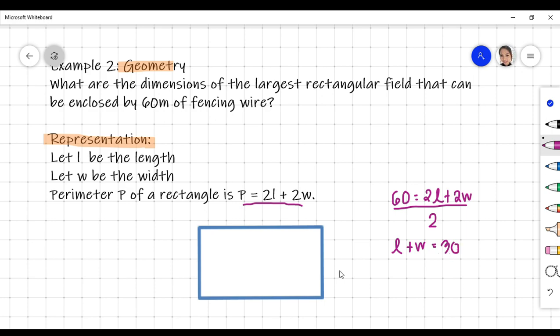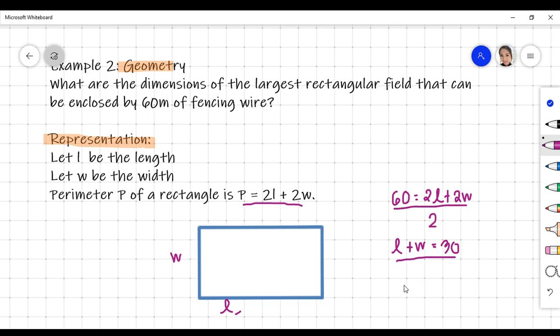Okay, so let's say this is the width and this is our length. We cannot have two unknown variables. We need to express it in such a way that there is only one unknown variable. So what will we do? For the L, we will solve this equation so that W is on the right side of our equation.